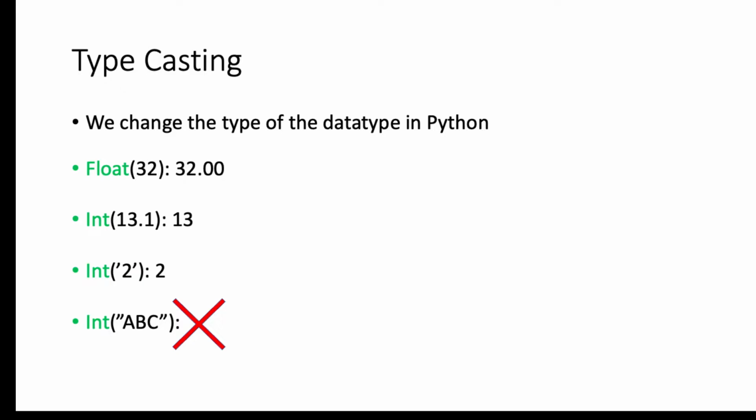Nothing really changed. If you cast a float to integer, 13.1 to 13, you will lose some information. If a string contains an integer value, you can convert it to int. For example, you can convert 2 as a string 2 to integer. If we convert a string that contains a non-integer value, we get an error.